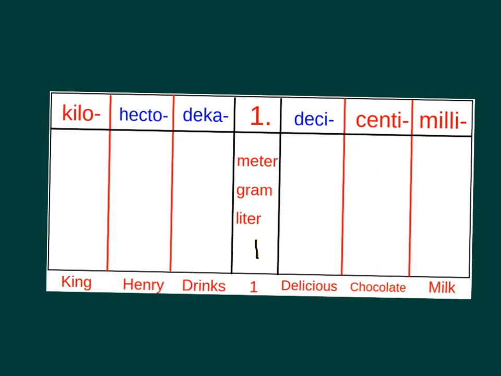Working with this chart a little bit more, I know that 1 meter equals 100 centimeters. That 100 centimeters does equal 1 meter.